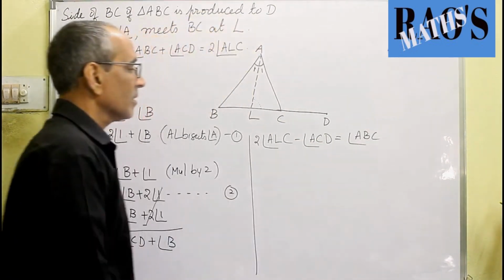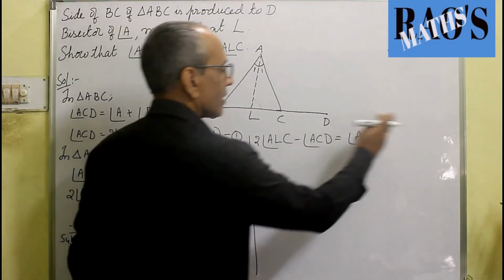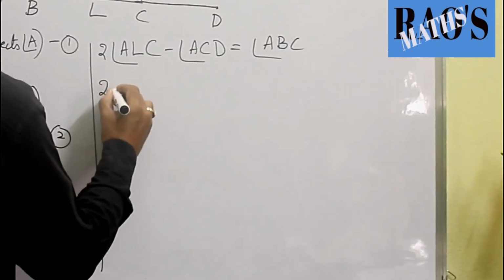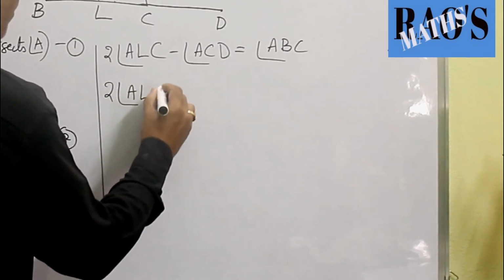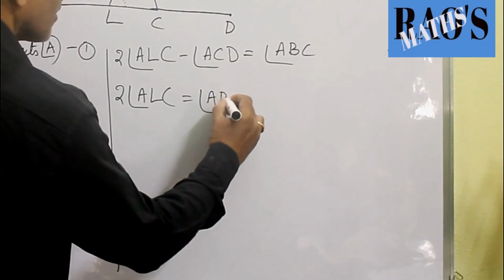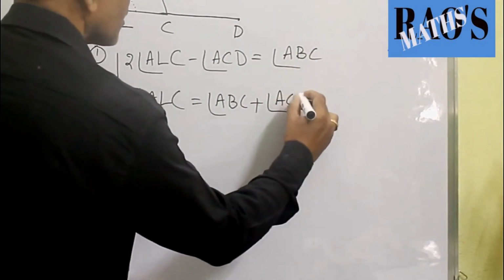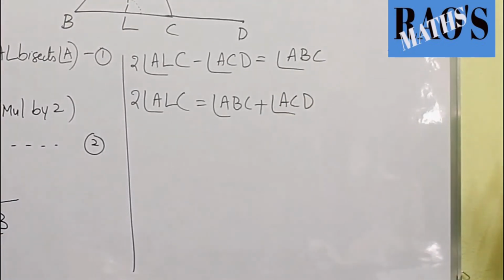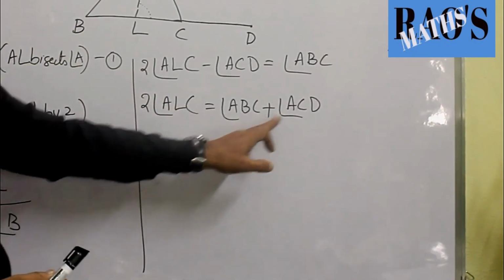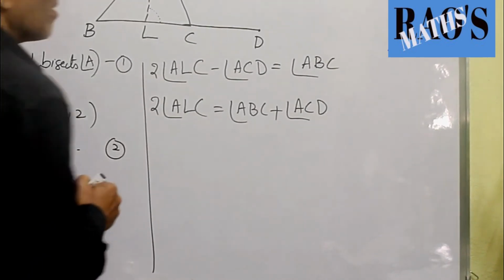Now, if I transpose this minus ACD to the RHS, it becomes plus. So, 2 times of angle ALC is equal to angle ABC plus angle ACD. Is it true or not? See, ABC plus ACD is equal to 2 times of ALC.